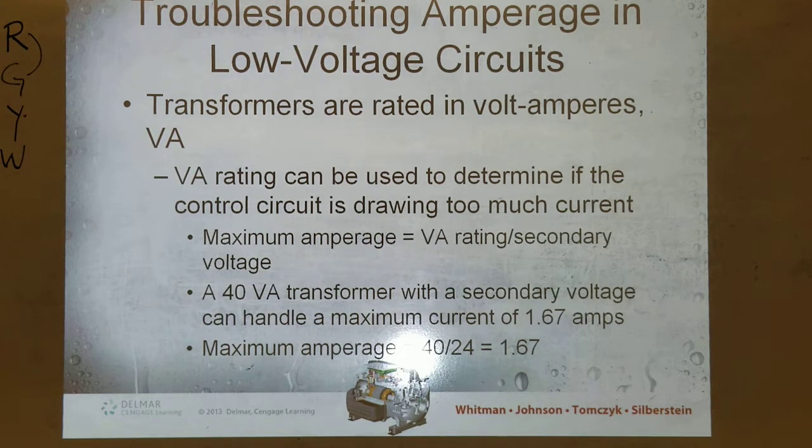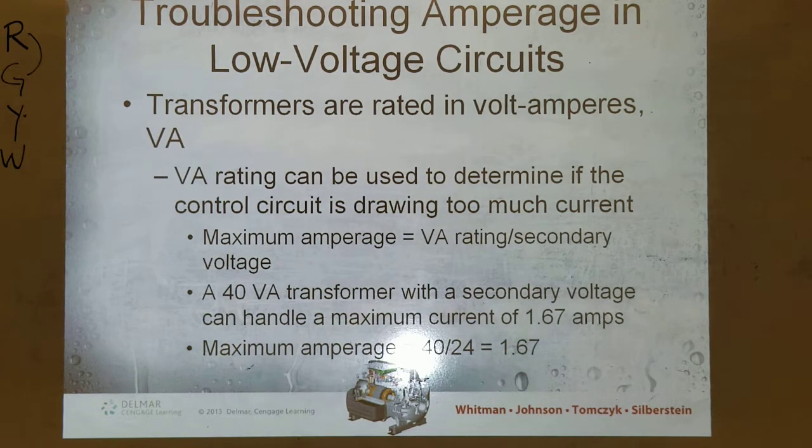Troubleshooting amps in low voltage circuits. Transformers are rated in volt amperes, VA. The VA rating can be used to determine if the control circuit is drawing too much current.